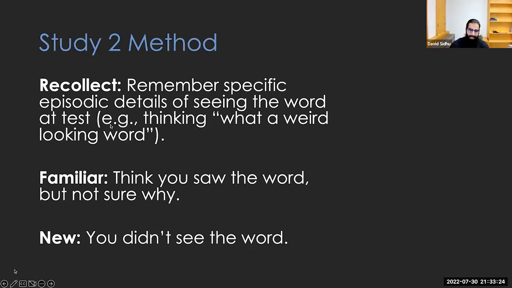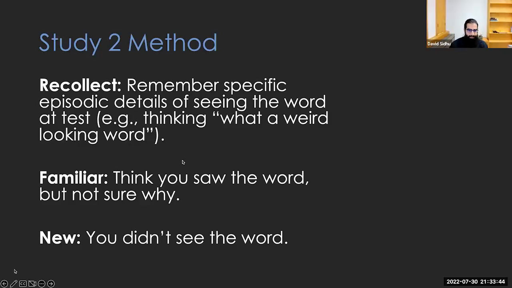If they had specific episodic details of encountering the word the first time, they were supposed to say they recollect the word. If they just think they have seen the word before, but can't really say why, they say the word is familiar. And if they think they haven't seen the word before, they say the word is new.